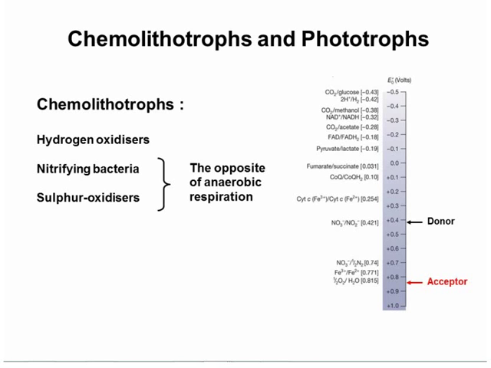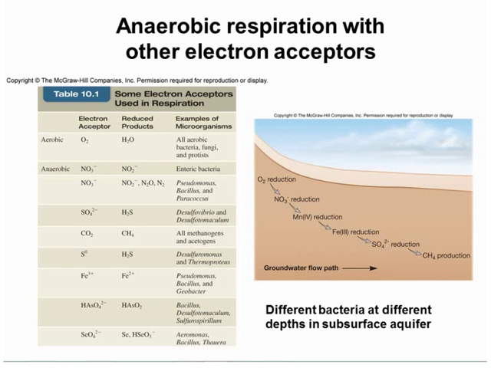Now, chemolithotrophs, they're almost doing the exact opposite of these anaerobic respiratory bacteria. Okay, so these guys, they start off with organic carbon, they get the electrons from the organic carbon, and they put them onto some kind of inorganic electron acceptor.